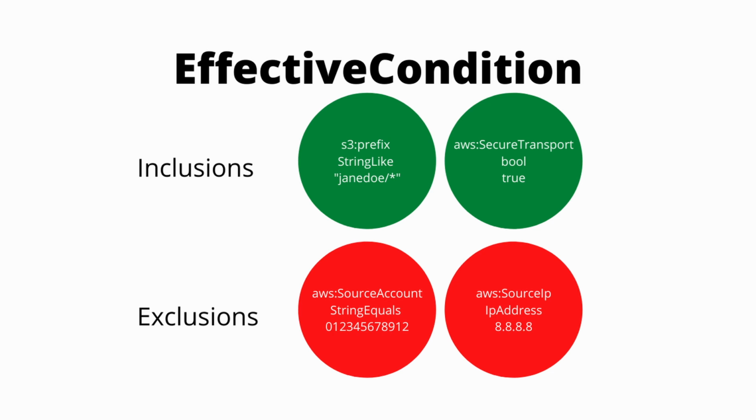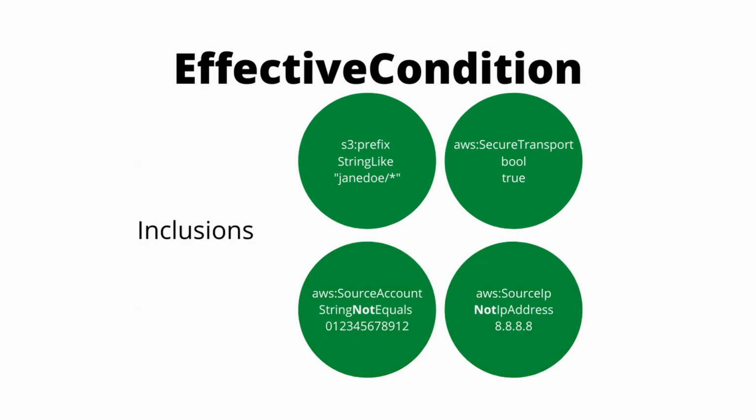So for the PolicyShard to apply with an effective condition like this, the AWS source account must not string equal this account ID. And the AWS source IP must not be this IP address.